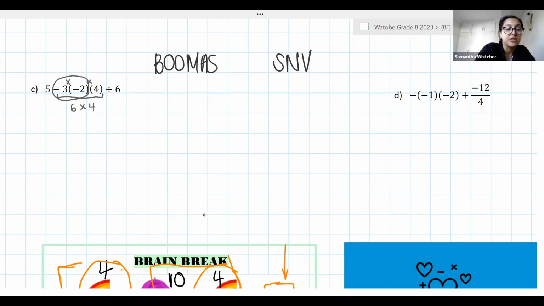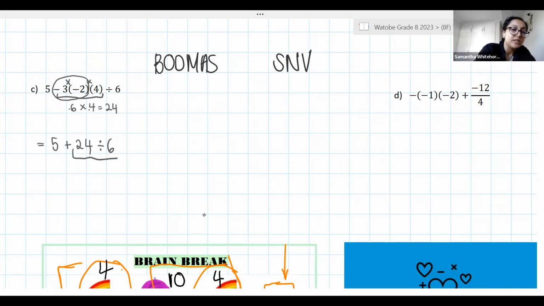So guys, we're doing corrections right now in case that wasn't clear. We multiply 6 and 4 and we get 24. So what I have once I've done my multiplication is 5 plus 24, because remember, negative times a negative is a positive, and a positive times a positive is a positive, divided by 6.